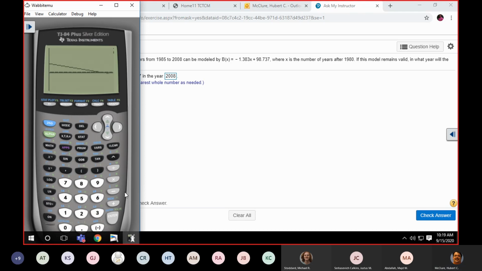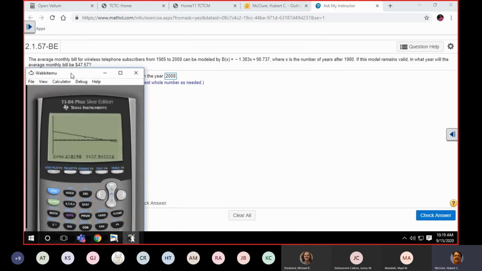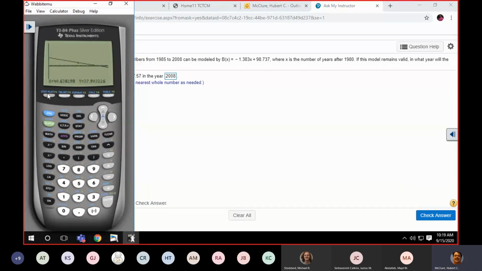Okay. And it says, what will be the year that the average monthly bill is $47.57? So I'm going to say y is equal to 47.57. And I'm going to make that a dashed line or different line. Hold on. Let's make that a solid line, a bold line.